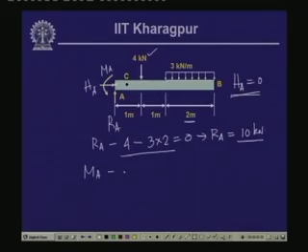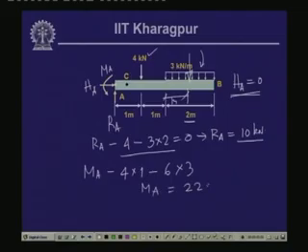So, M A minus 4 times 1 meter, in kilonewton meter, and this distributed load is 3 kilonewton per meter times 2, which is 6 kilonewton, acting at the center of this length, at a distance of 1 meter, so the distance from here is 3 meters. So, minus 4 times 1, and this is also in the clockwise direction, so minus 6 times 3. So, M A gives us 22 kilonewton meter.